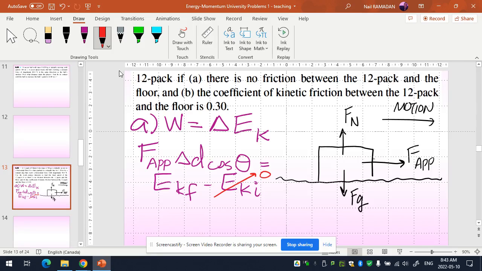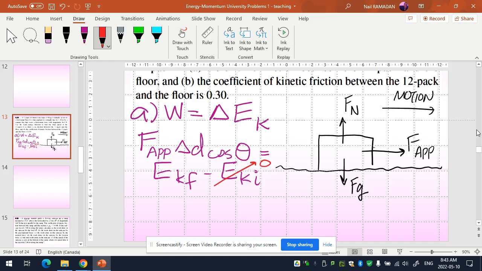Okay, can we plug in numbers now? Absolutely we can. We know the force applied, we know the distance moved, we know the cosine of theta, and we have half m. We just need the VF. So I'm just going to set up the equation.